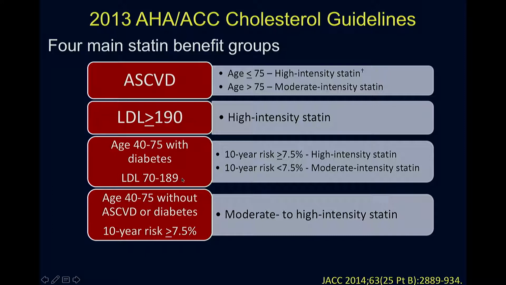Certainly if the LDL is greater than 190, we would be treating as well. You'd then come back to this criteria for treatment. That's why it's present in terms of age, 40 to 75.